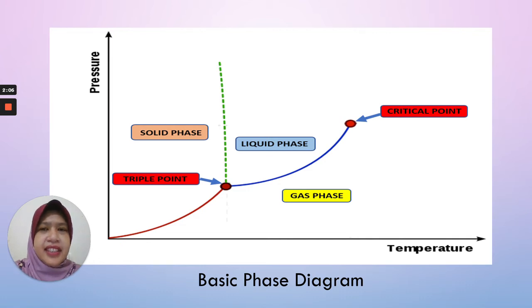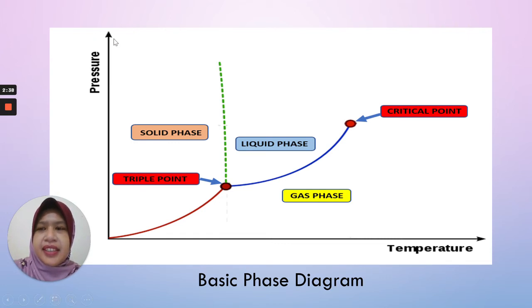A phase diagram is pictured by using a graph. This is the basic phase diagram for water. The phase diagram tells us under what conditions of temperature and pressure distinct phases of matter occur.